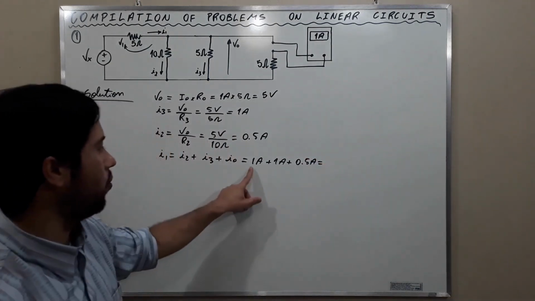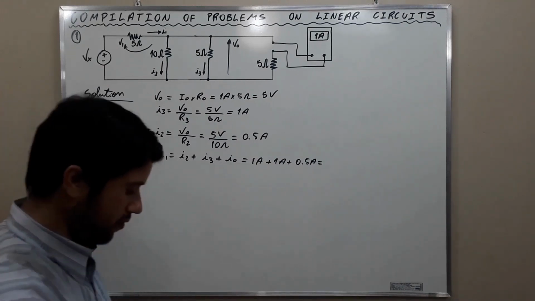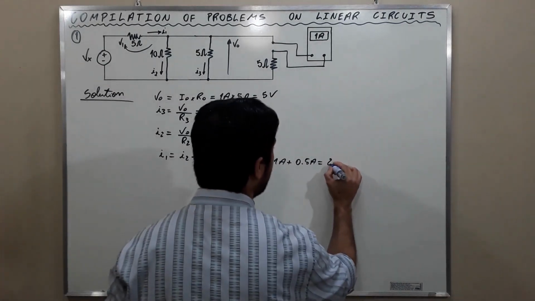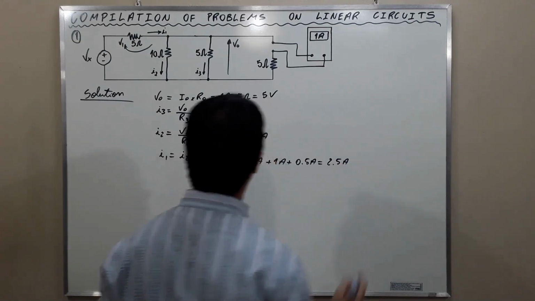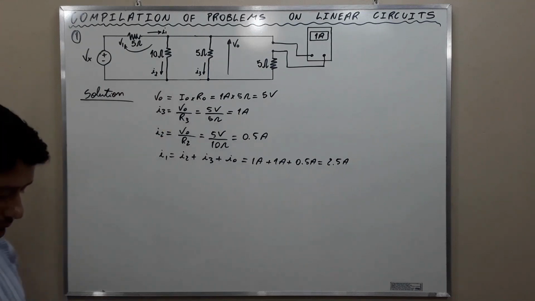And this is 1 plus 1, 2, plus 0.5 is 2.5 amps. Okay? Then we know now all the currents that flow in all the branches of this circuit.